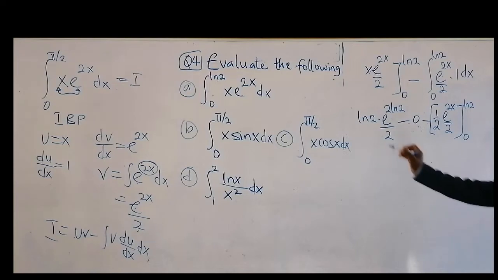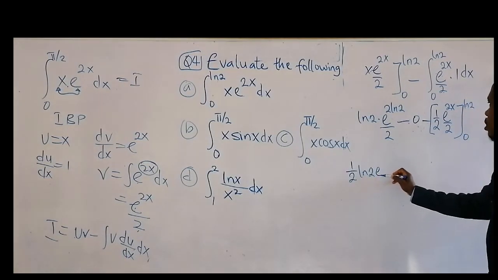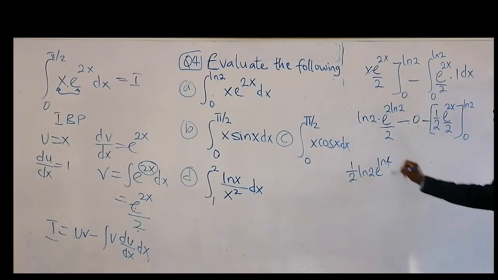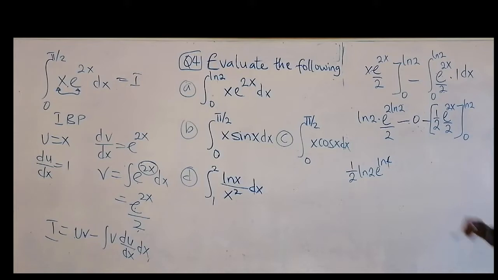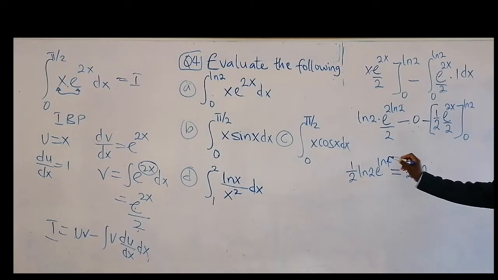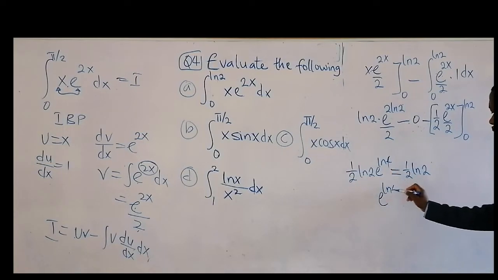So we now have 1 over 2 ln 2 exponential to power, these 2 can come here, and that will be 4. Actually this one will become half ln 2, and exponential to power ln 4 will be equal to 4.